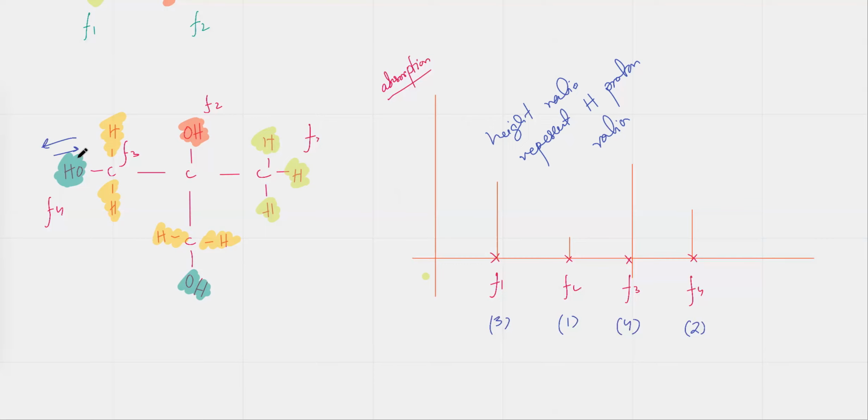So its shielding is different from all the other ones. It's not the same as this one. The environment is different. Do you have any other environment which it's similar to? Like, do you have an OH bonded to a carbon which is bonded to 2 H's? I mean, you do have this one. So these two are exactly the same, but they are different from all the rest of the H protons. Is this clear?